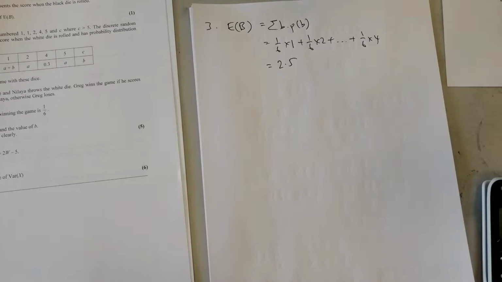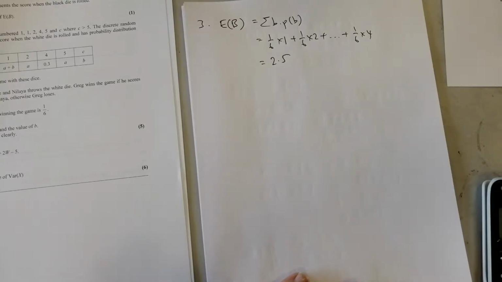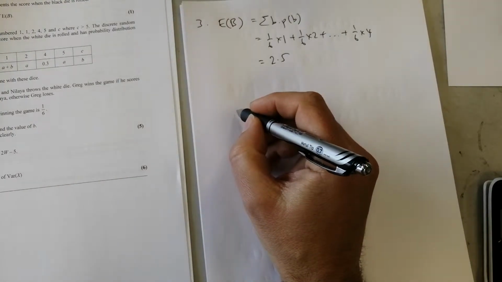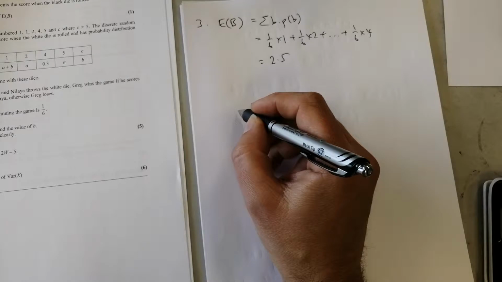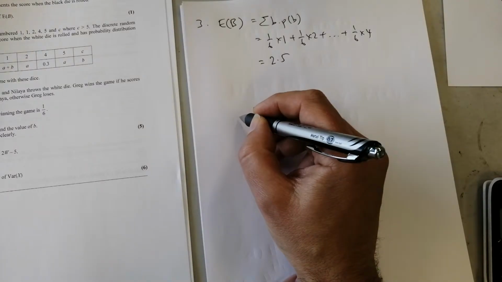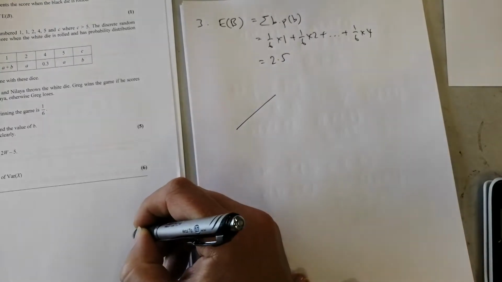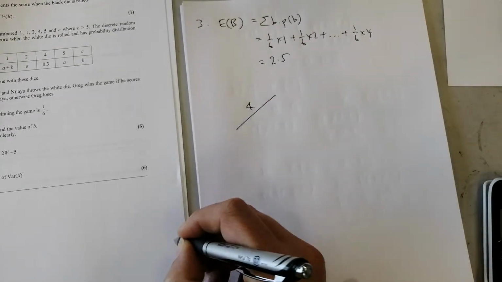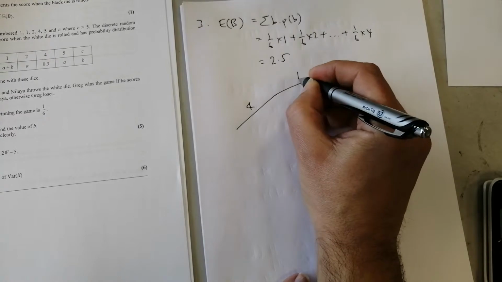Right. I will draw a tree diagram, although not a real tree diagram, a pretend tree diagram, where I can see who's going to win. Greg has to score 2 more. So the ways that Greg can win: if Greg scores a 2, he wins if Nelia rolls a 1.